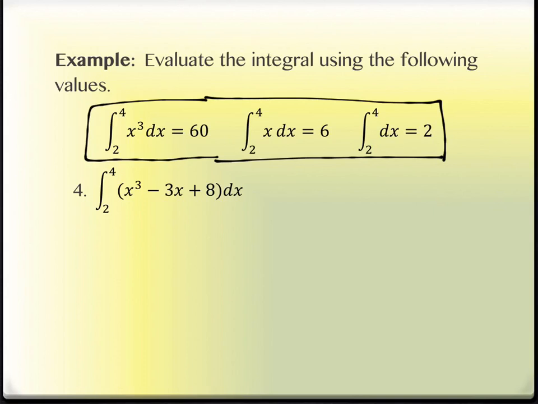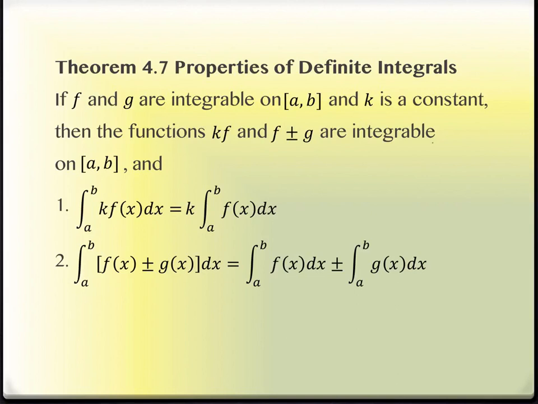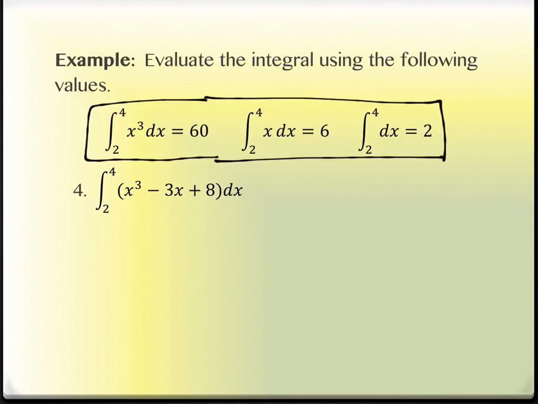Okay, so that's valuable. So what we're going to do is we're going to separate things initially based on property number 2 over here. Property number 2 says if there's addition and subtraction, I can break them apart. Okay? And then also property number 1, which says if there's a constant multiplier, I can pull it out in front. So I'm going to use these 2 properties to separate out problem number 4 into 3 pieces, all 3 of which use one of the things in the box above.